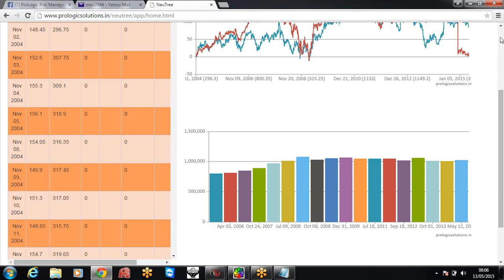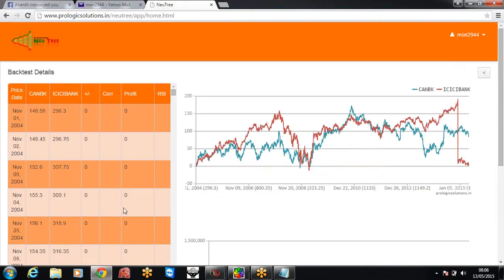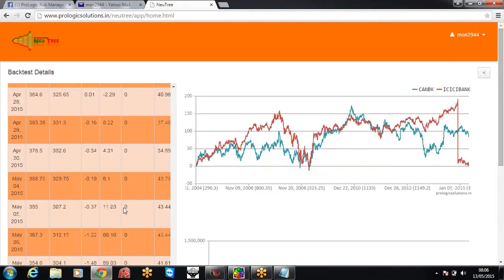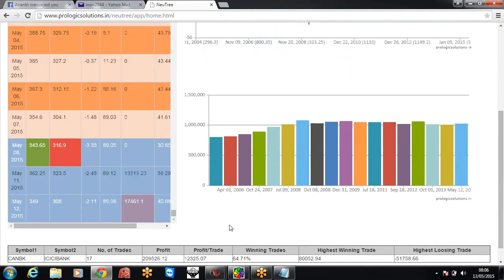So let's come back to the trading. You can see Can Bank and ICICI Bank is a current call running.